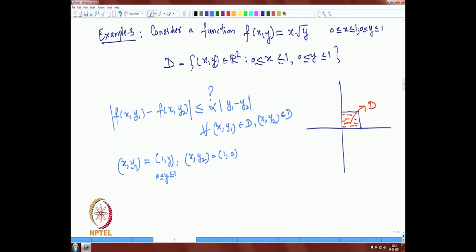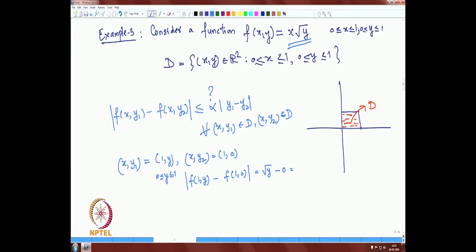Let us compute f(1, y) minus f(1, 0). This is equal to f(1, y) by the definition of your function. So x is 1 and this is square root of y, minus f(1, 0). The y coordinate is 0, so this is 0.